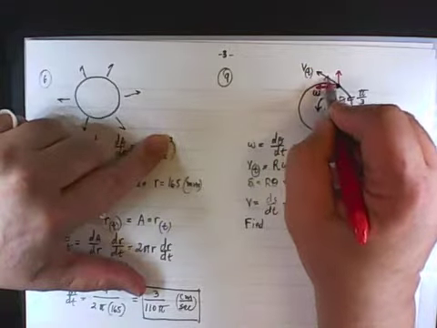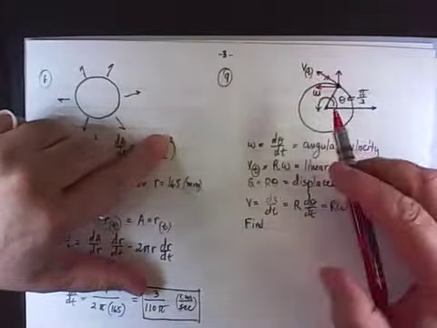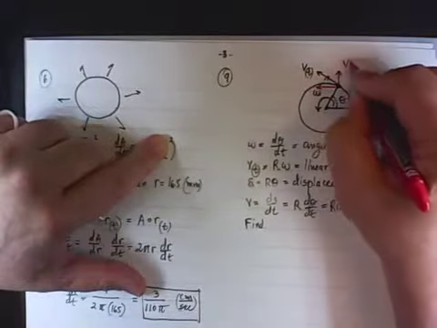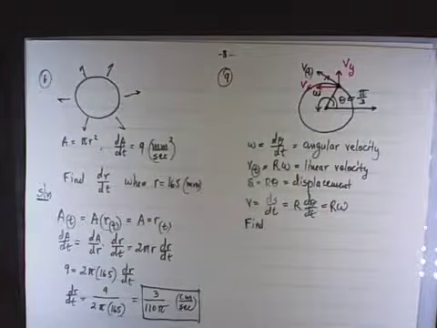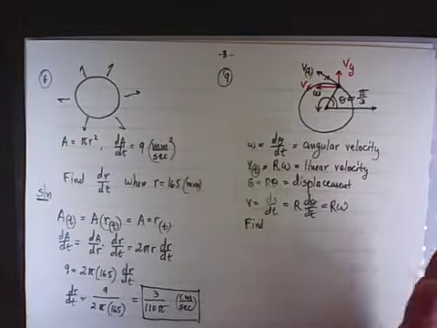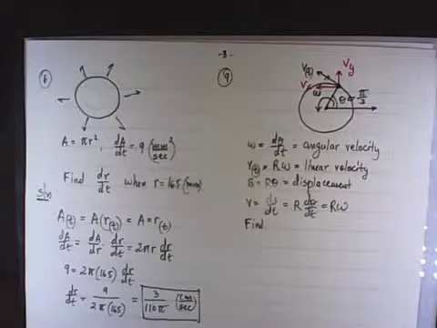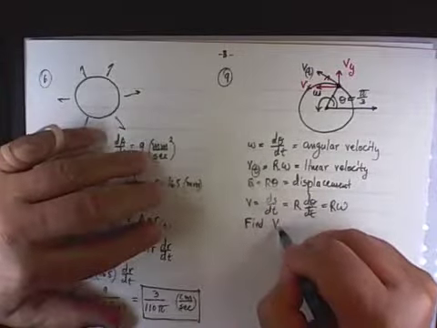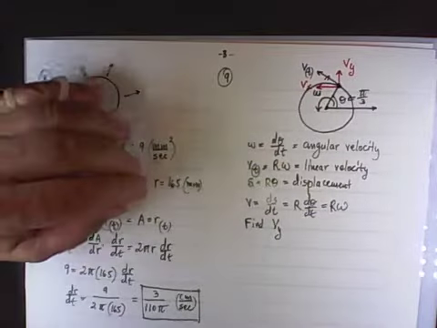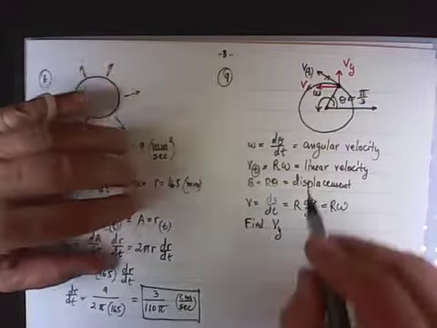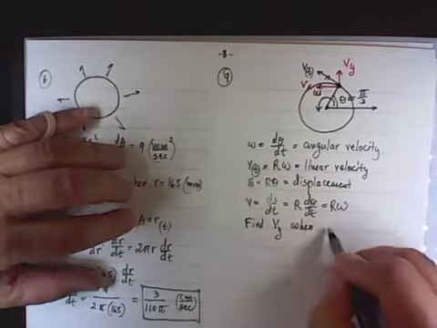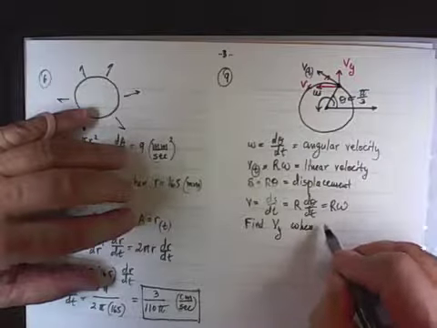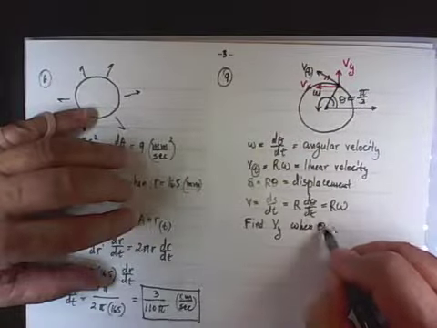And this is the vector equivalent. So v of t has the vertical component, we call it v sub y, and the horizontal component, we call it v sub x. The velocity upward and the velocity forward. So we want to find v sub y, the vertical velocity, or how fast the point is rising. And we want to find v sub y when theta equals pi over 3.